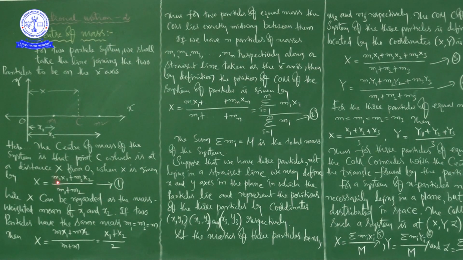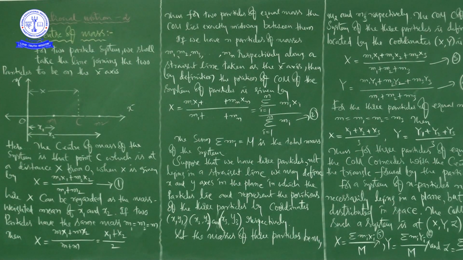Here, m1 is the mass of one particle, m2 is the mass of another particle, x1 is the distance of the first particle from the origin, and x2 is the distance of the second particle, m2, from the origin, divided by m1 plus m2.